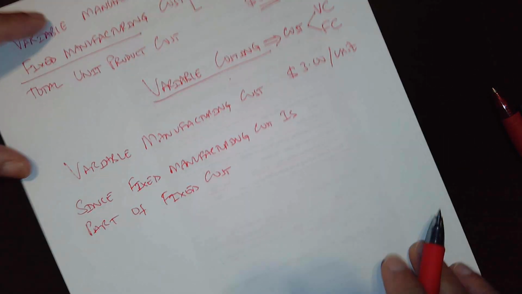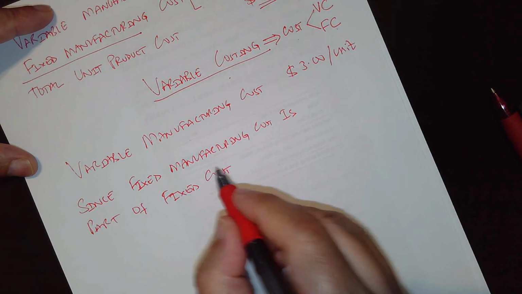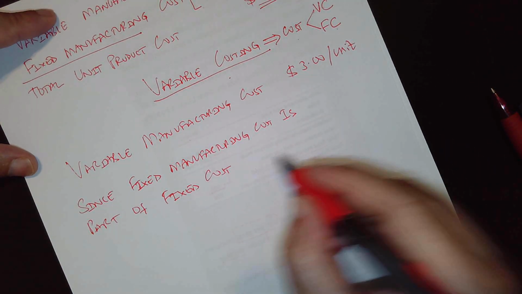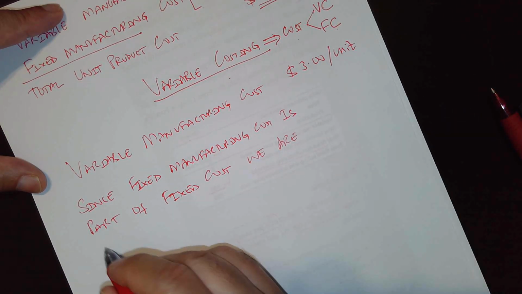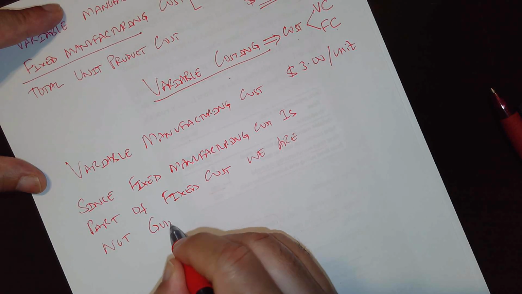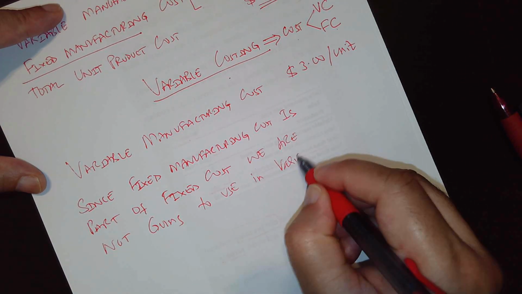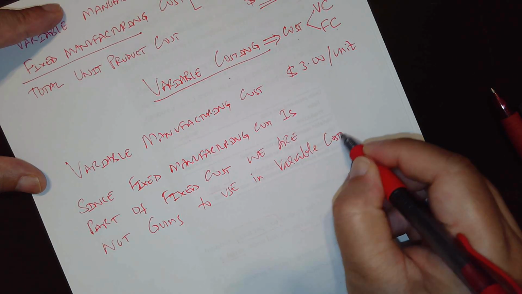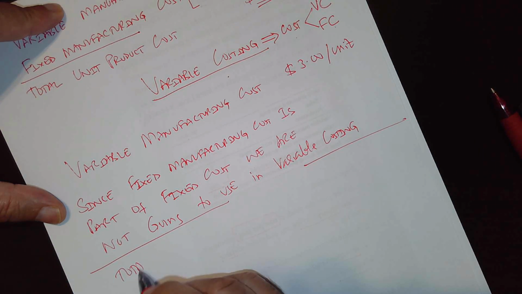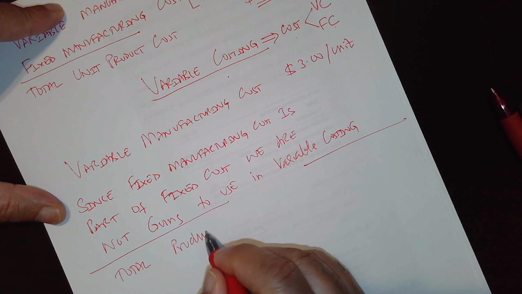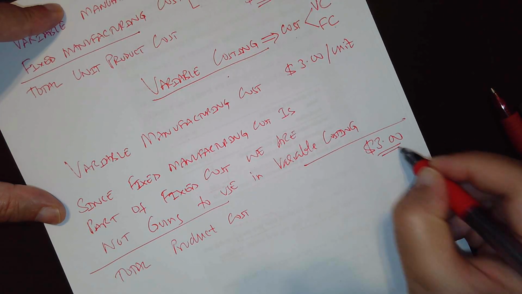So that's the reason: since fixed manufacturing cost is part of the fixed cost, we are not going to use it in variable costing. That's why our total product cost is going to be only $3 per unit.